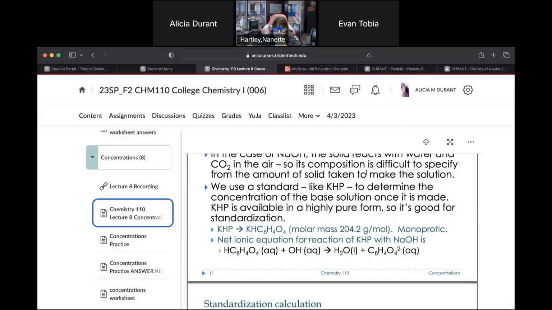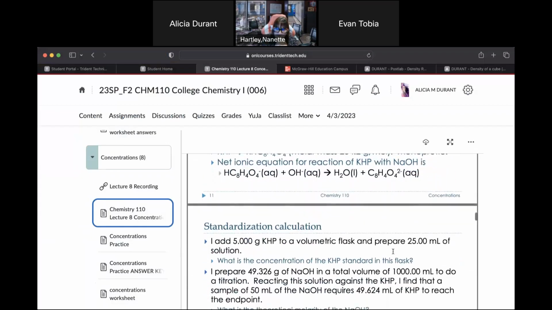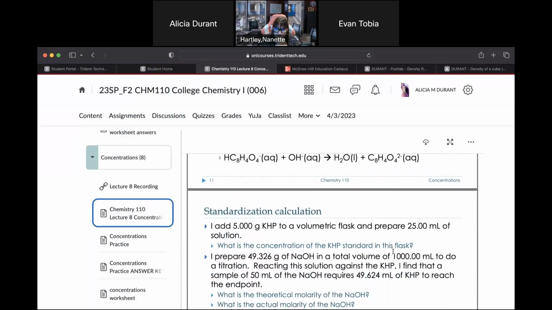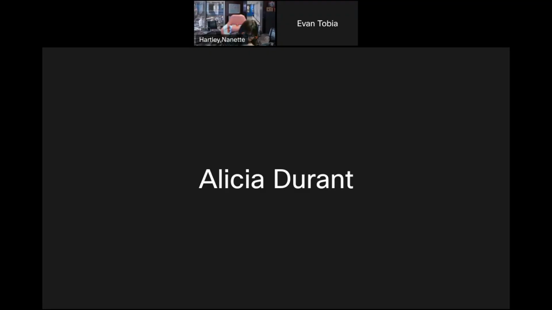So KHP is 204.2 grams per mole. And then you added 5.0 grams of this to prepare 25 milliliters. Oh, I should probably stop sharing my screen so I can see what you're doing on your end.